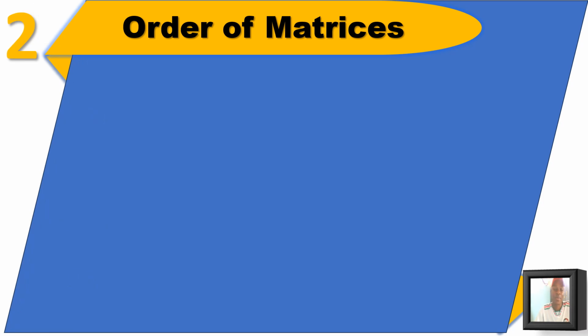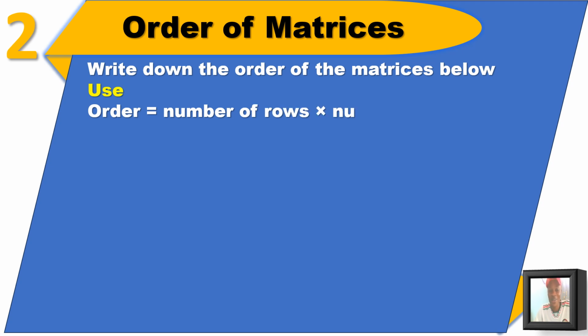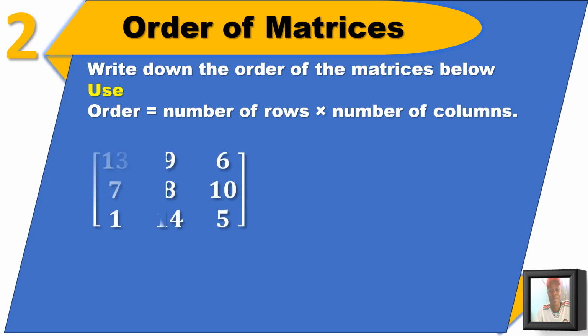We are clear. Now, the problem with math teachers is they will always give you the directive or guide and then ask you a question. So write down the order of the matrices below and use the order formula to give you the finding. The order is given by the number of rows and the number of columns. So there you go, the first matrix.